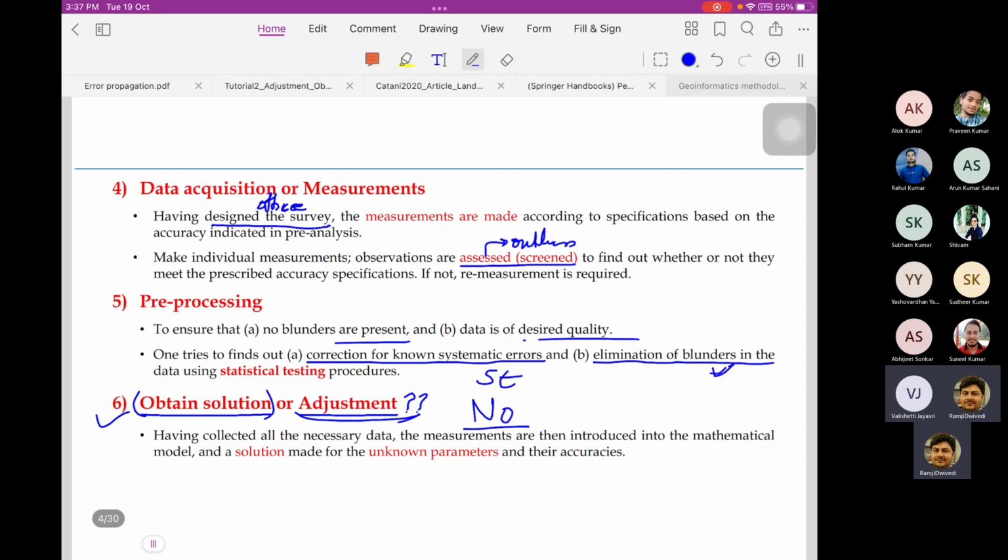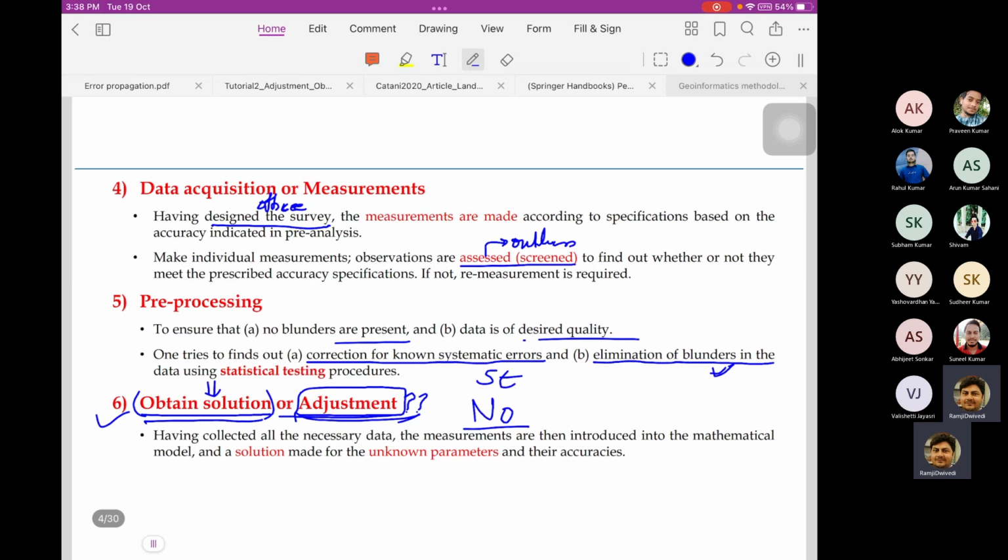Yeah, the definition seems correct, but it's still not very clear. We are obtaining a solution, isn't it? Yes, but sir, where are we applying adjustment? You are saying that adopting certain methodologies or any approach to get a unique value for the solution.